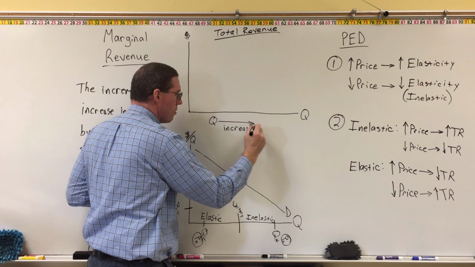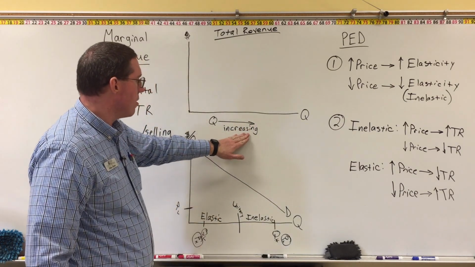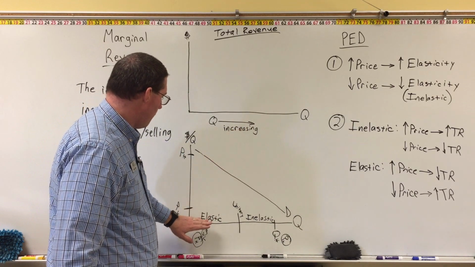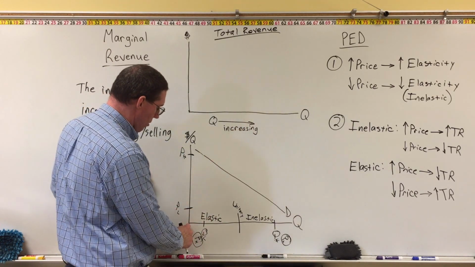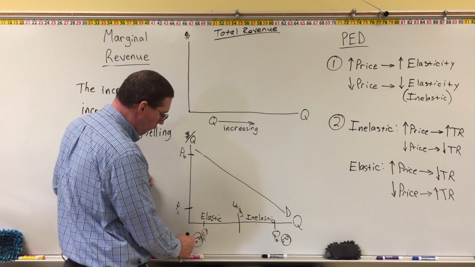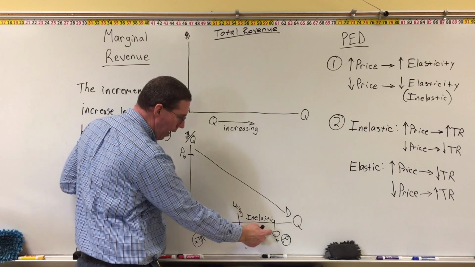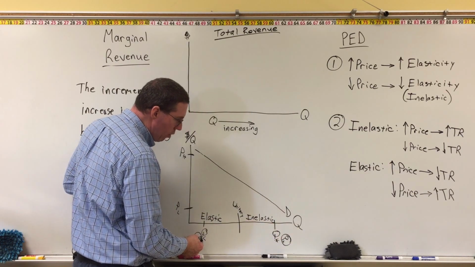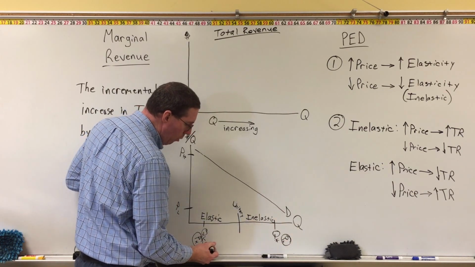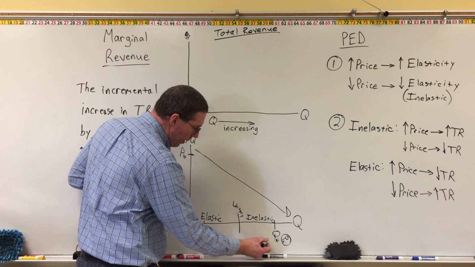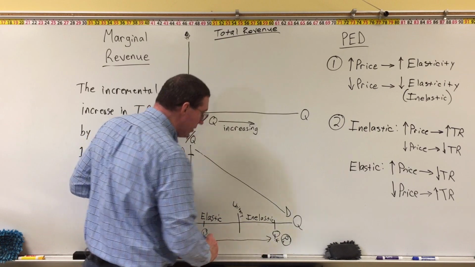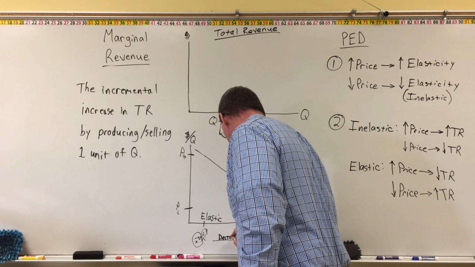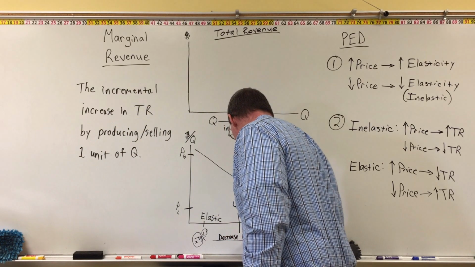And so now, as quantity increases, what is happening to the price? Well, as we go from here, low quantity to high quantity, as quantity is increasing, price is going from high to low. So what we have moving in this direction is a decrease in price.